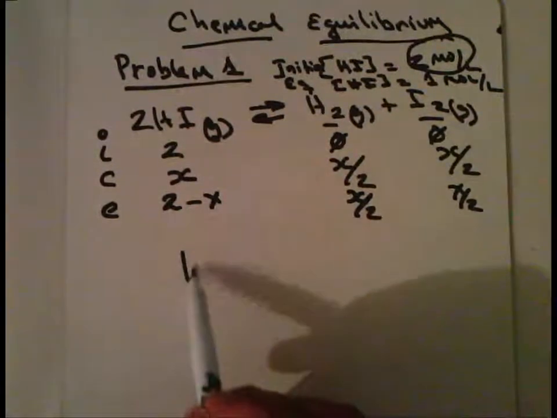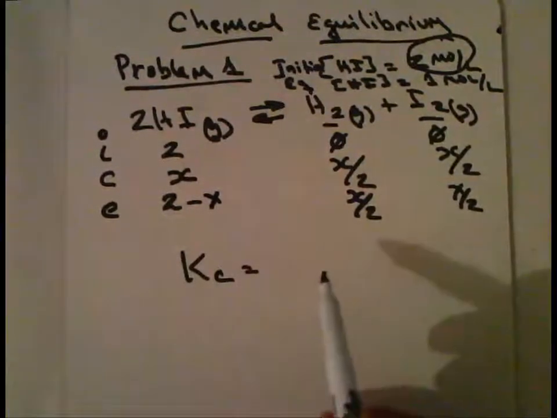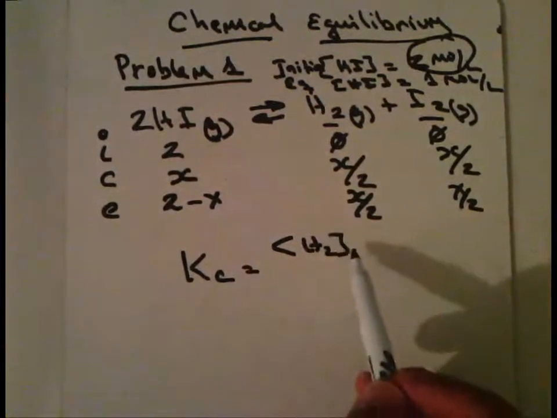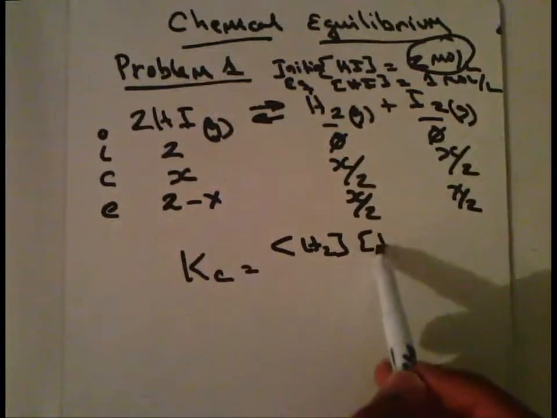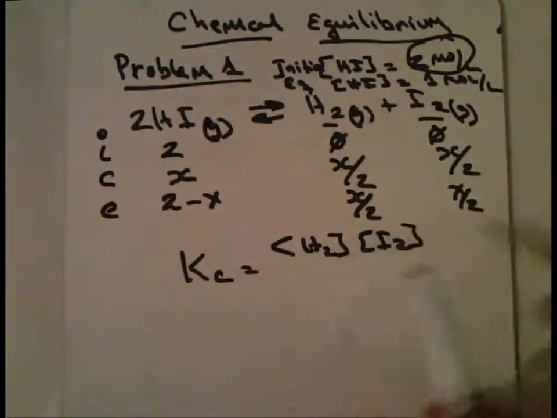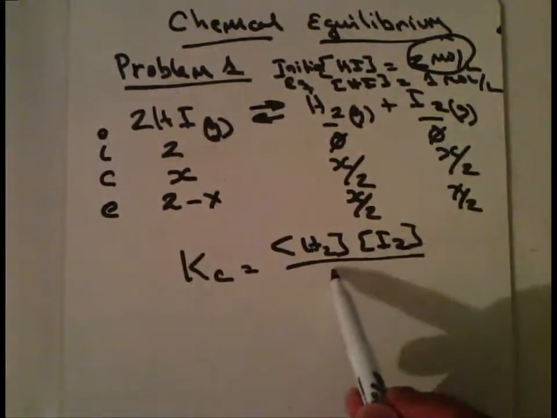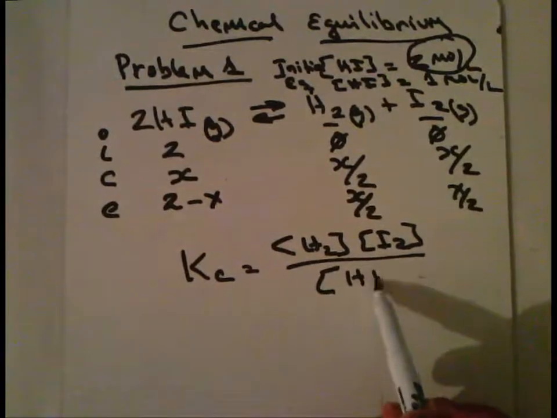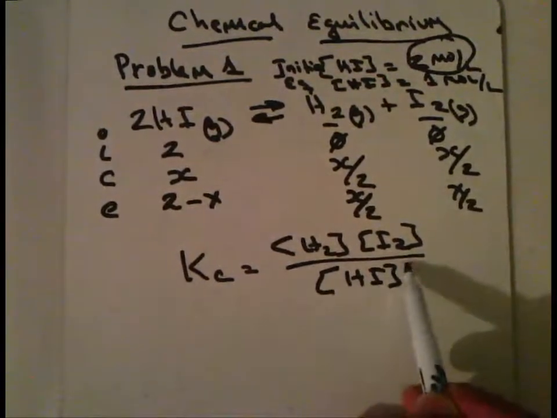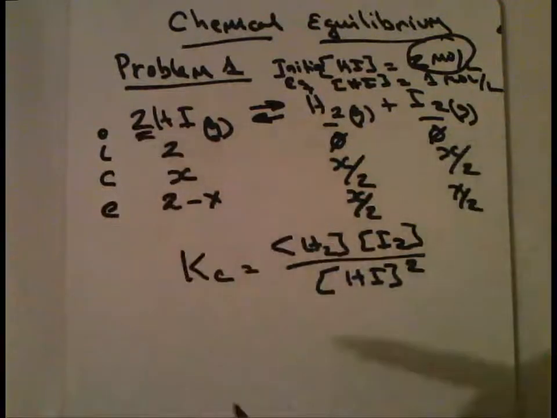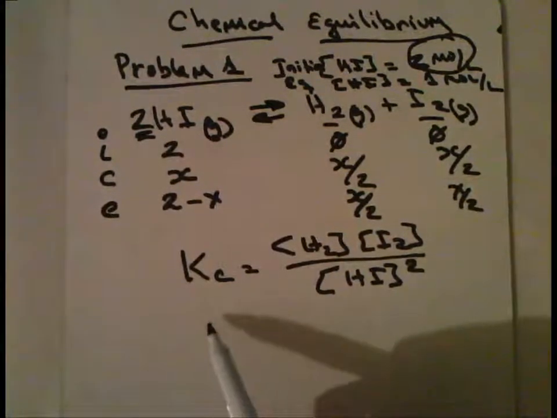If we have the equilibrium constant based on concentration, you remember the equilibrium constant will be the concentration of the products divided by the concentration in equilibrium of the reactant to the power of 2, because the coefficient equals 2.